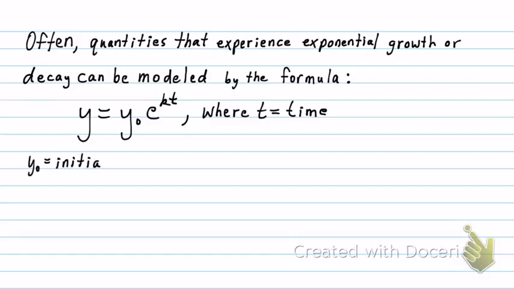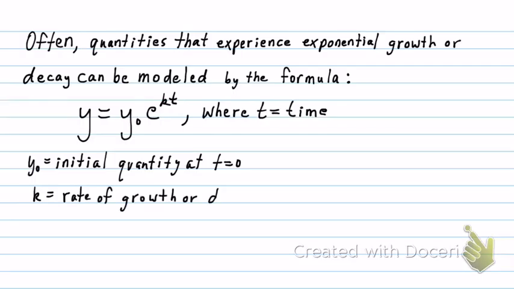Now y naught represents the initial quantity at time t equals 0. K is the rate of growth or decay. If k is greater than 0, then we have growth. If k is less than 0, then we have decay.